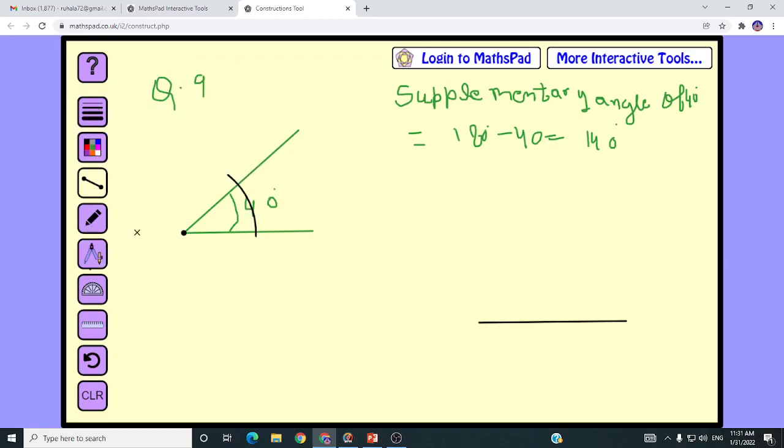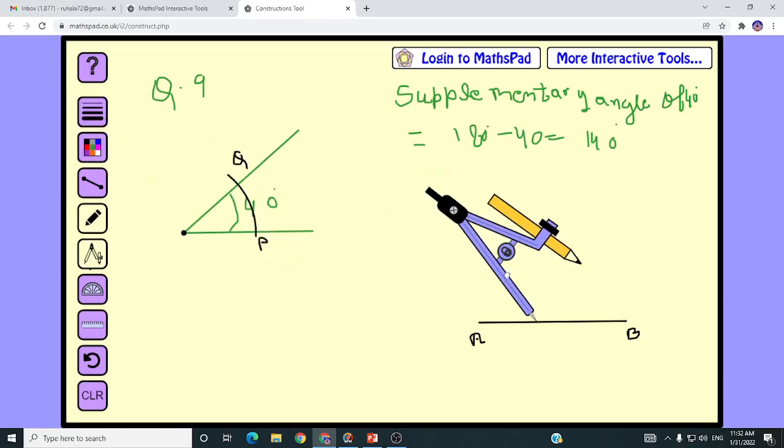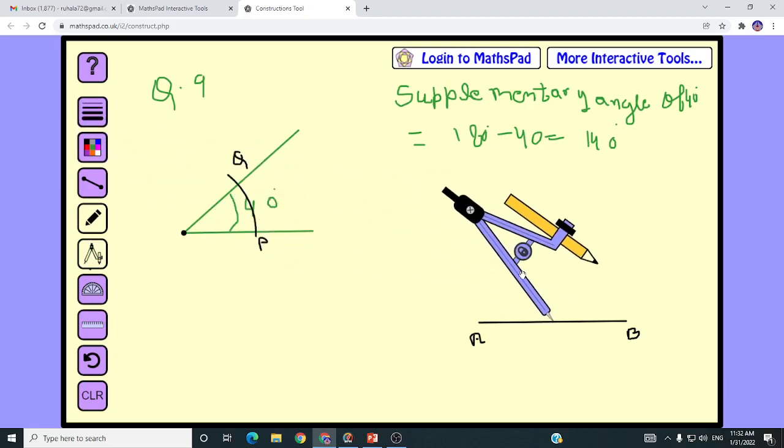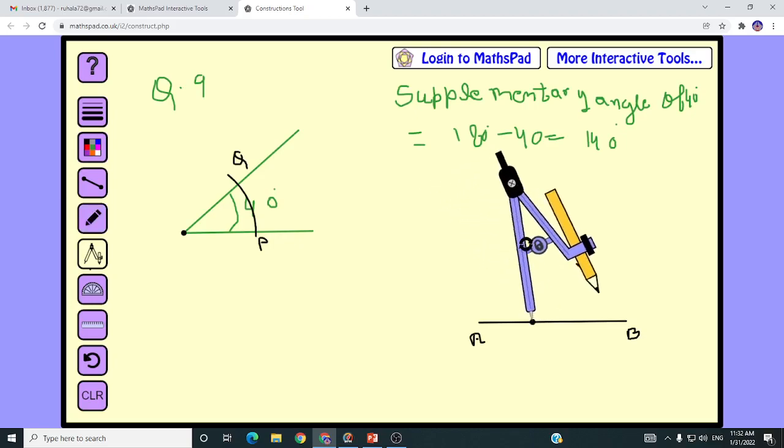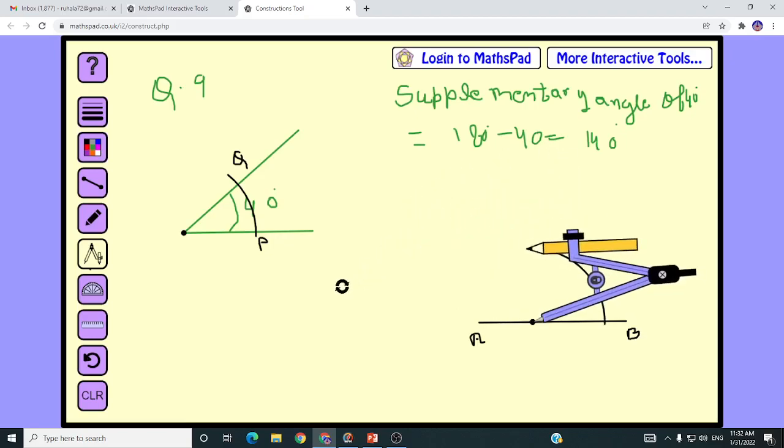You get 2 points, P and Q, A, B. Now with the same radius, put here and make an arc with the same radius, like this way, from here any point.